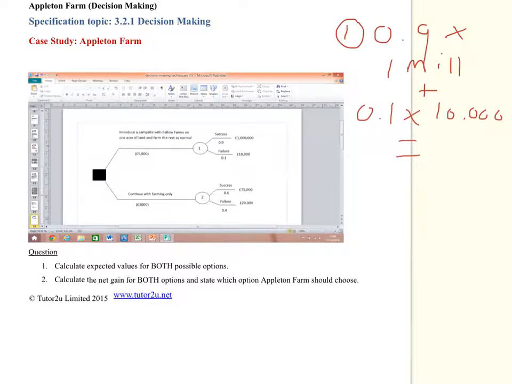Just working that out now, double checking the figure. So that looks like it would give us 901,000, if my maths is correct.